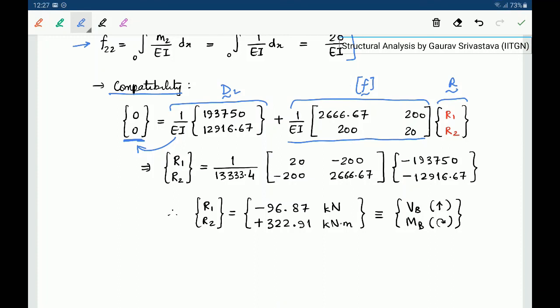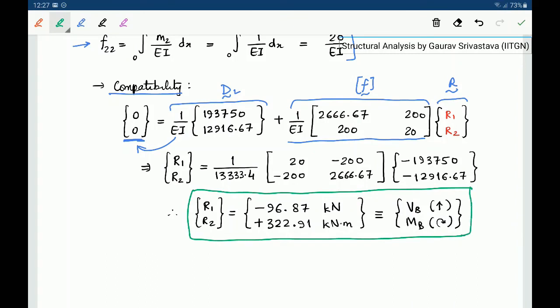So this is just that inversion process, and once we invert, we can calculate R1 and R2. Recall that since we had assumed a downward positive direction for R1, and it comes out negative, VB will be upward with a magnitude of 96.87 kilonewtons, and R2 we had assumed clockwise as positive, and it comes out positive, 322.91 kilonewton meter. So MB will be this value in the clockwise direction.